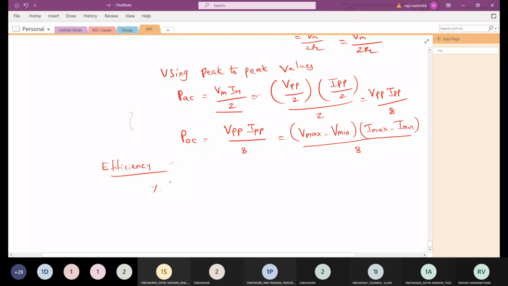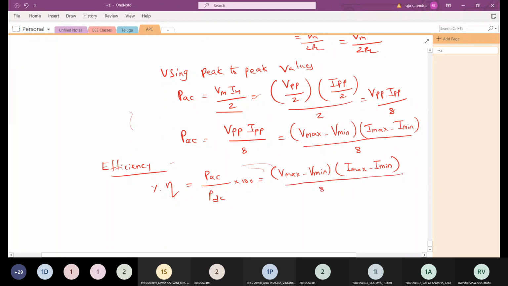Efficiency is represented with eta. So PAC by PDC into 100. PAC we have already obtained with respect to the peak to peak values: V maximum minus V minimum into I maximum minus I minimum by 8.